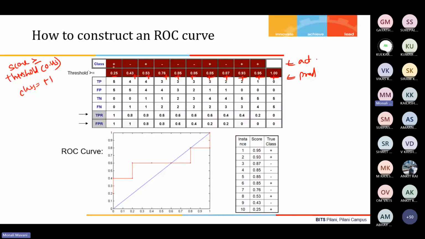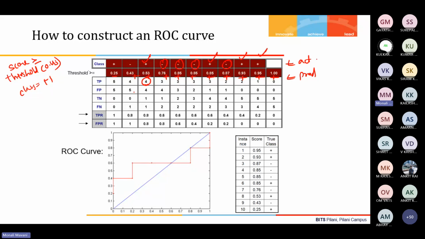So here, this is correct, positive. This is correct, positive. This is correct. This is correct. So I have got 4 true positives, then false positives, 1, 2, 3, and 4.